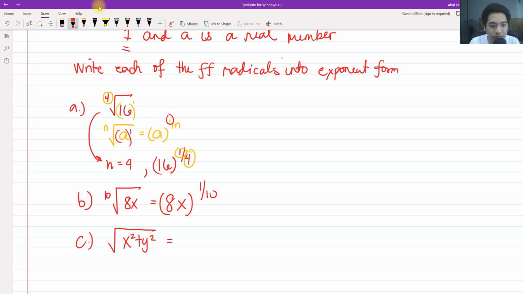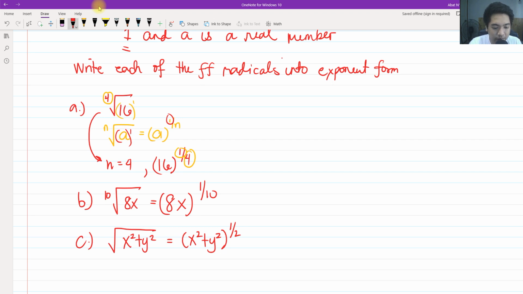Take note that this x squared and y squared are together inside the radical sign. So this must be x squared plus y squared raised to 1/2. That is how we are going to rewrite or convert a radical into exponential.